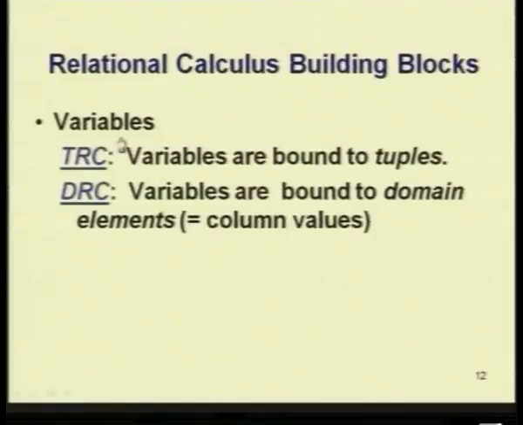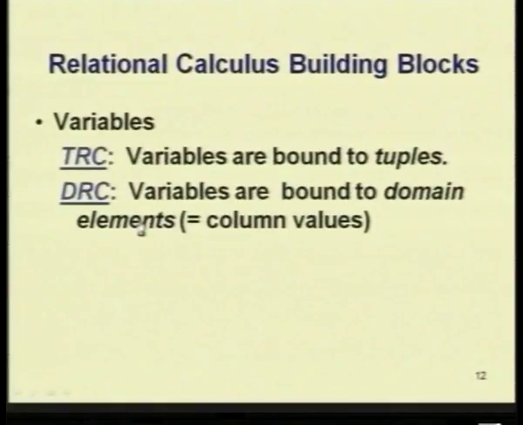The relational calculus building blocks are variables. If it is tuple relational calculus, the variables are bound to tuples, and if it is domain relational calculus, the variables are bound to domain elements, that is the column values.